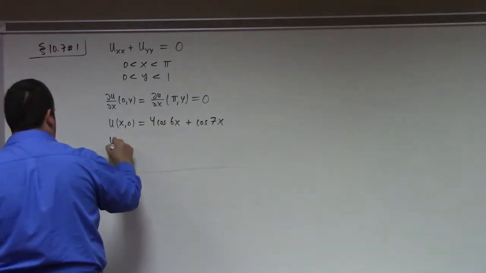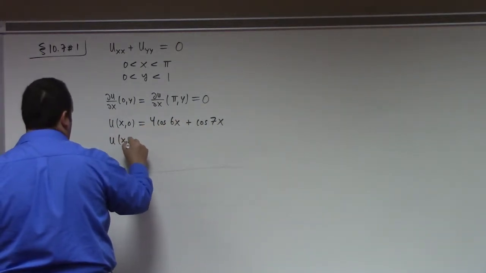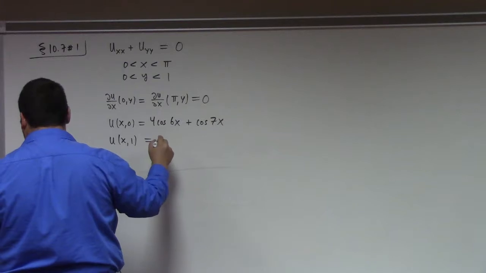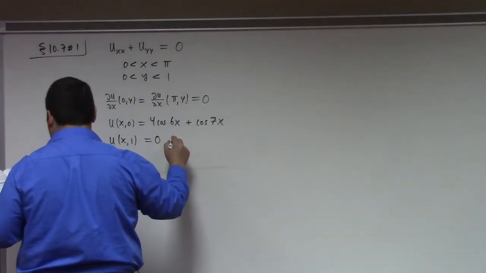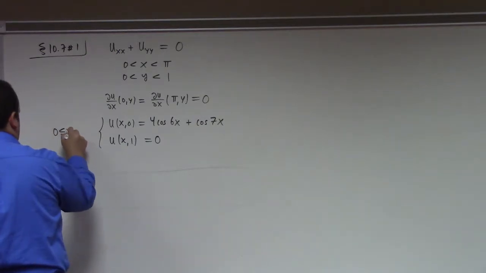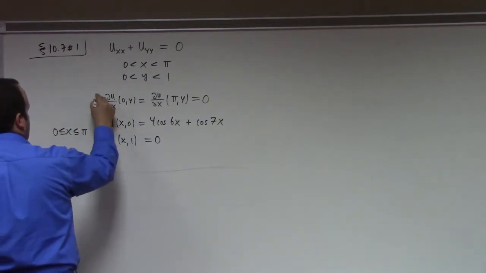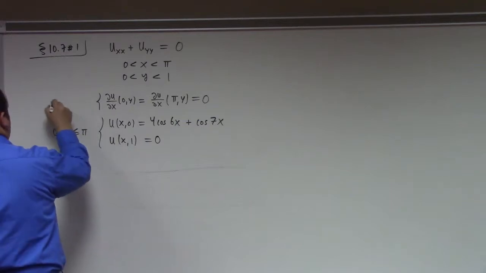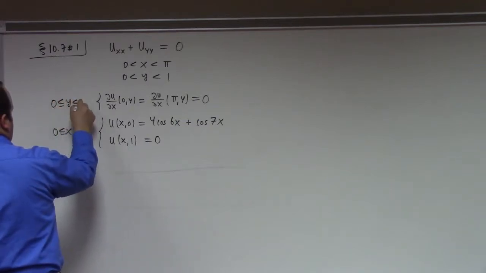And finally, we're given that u of x comma 1 is equal to 0. These are both for 0 less than or equal to x less than or equal to pi. These guys are for 0 less than or equal to y less than or equal to 1.